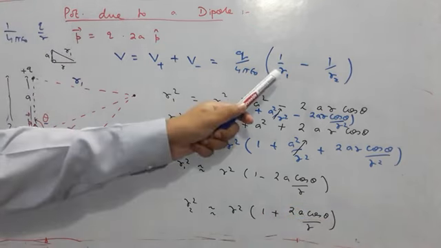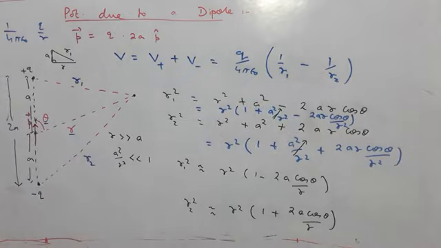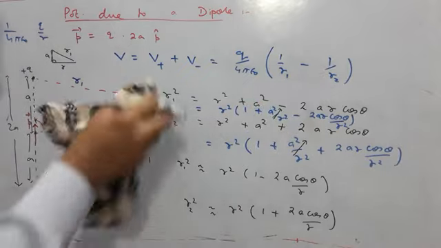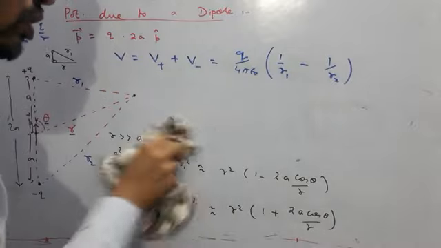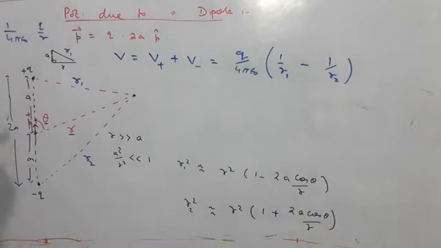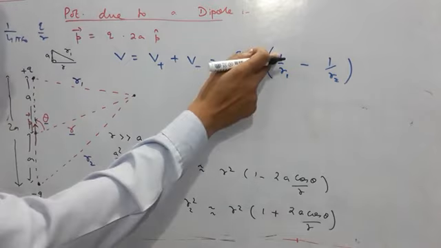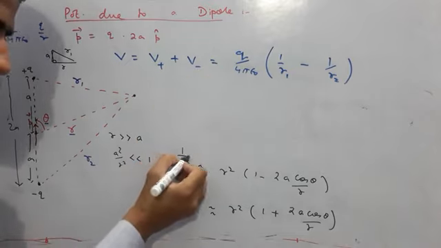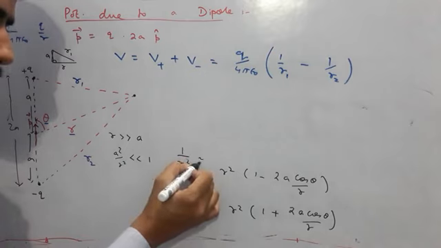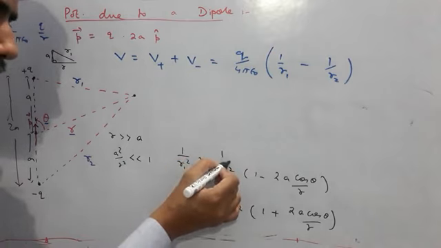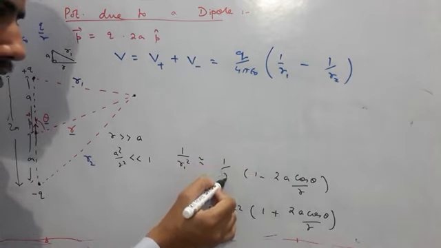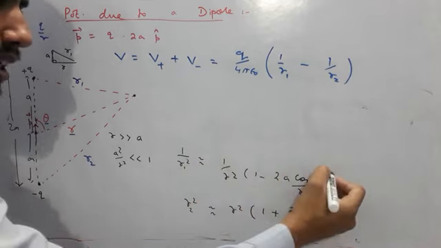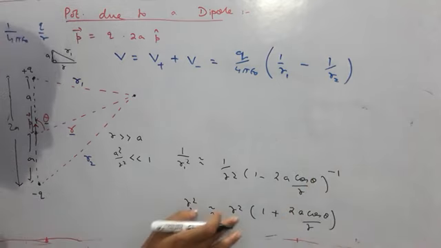Now in this expression we need r1 and r2. So we have already got r1 square and r2 square. In the next step, we will take the reciprocal, because I want 1 by r1. So the reciprocal of this will be nearly equal to 1 by r square into the reciprocal of this, and I can write the power as minus 1.